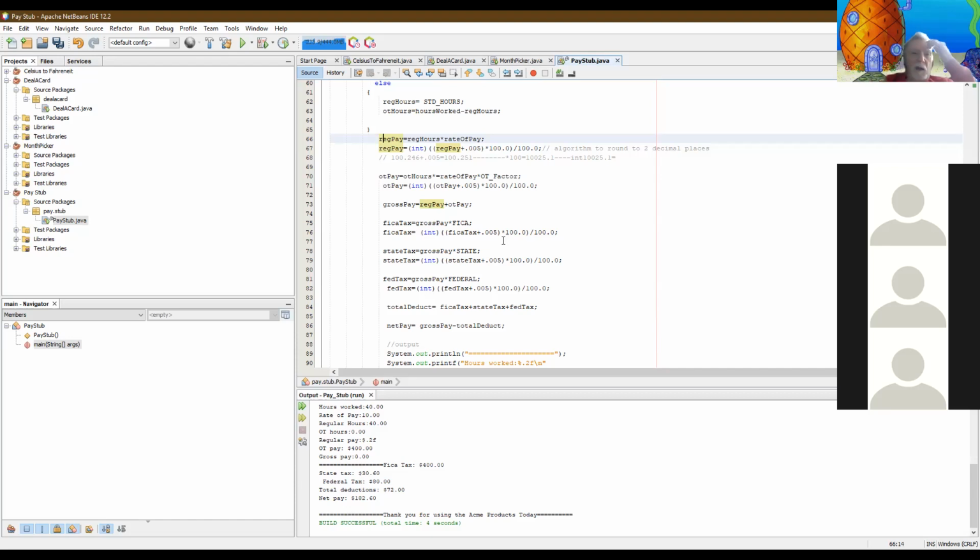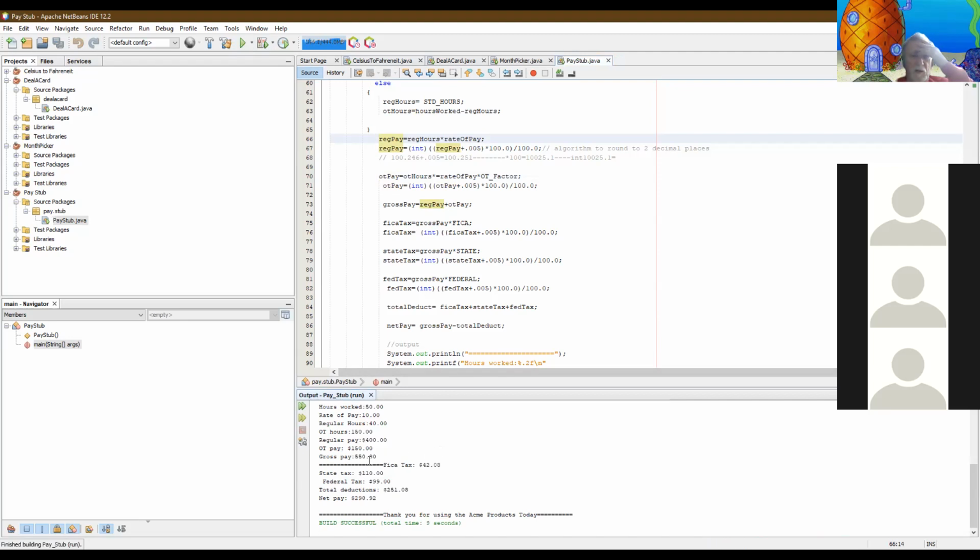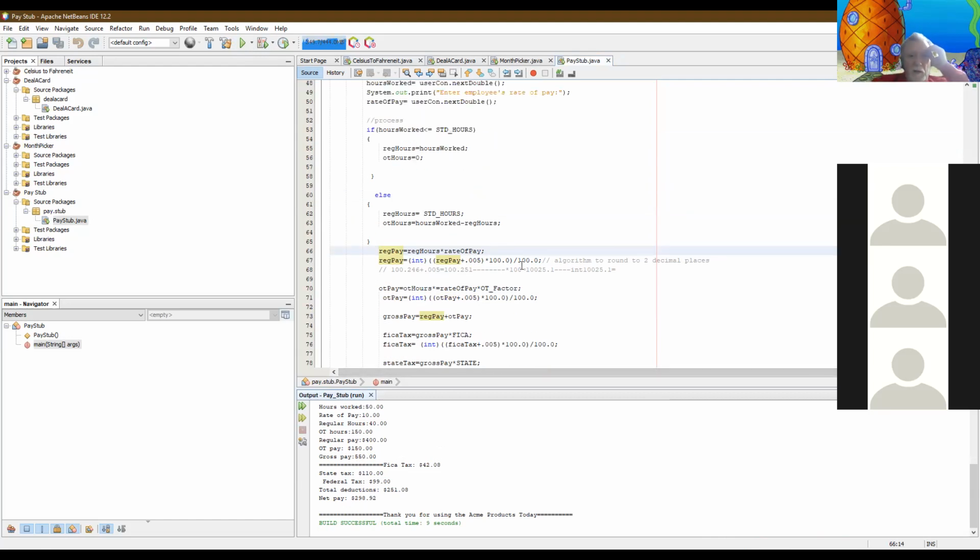Try this. Run it again and put in 50 and 10 instead of 40 and 10, and then we can look at something. See, you don't have a space after your colon either there. 50 and 10, hit enter. All right, so now you get gross pay. You know what that's telling me, right? That your if statement is tweaked.